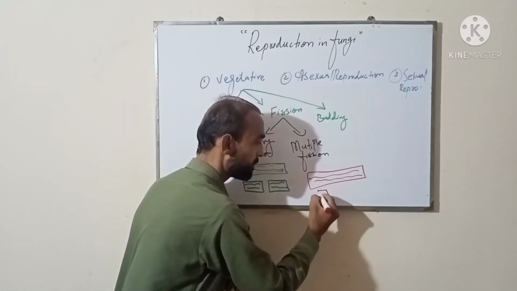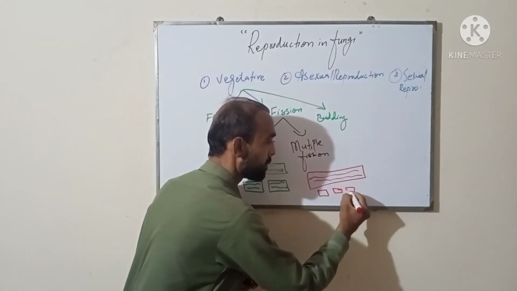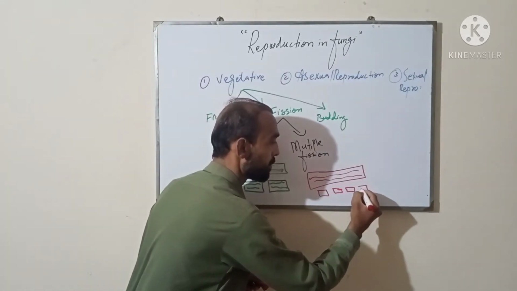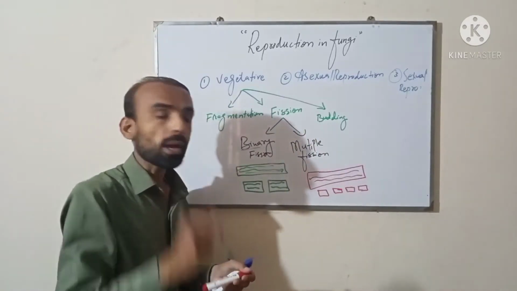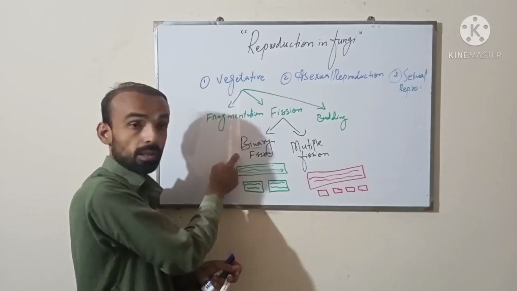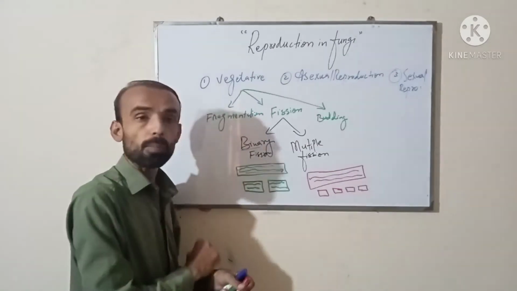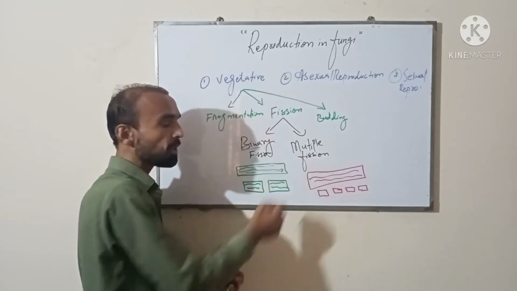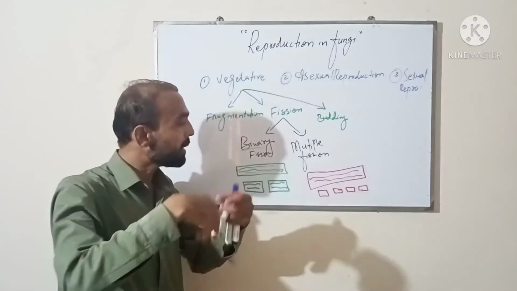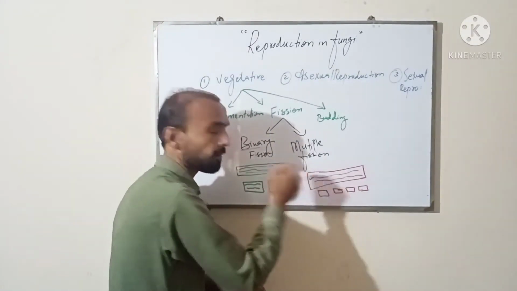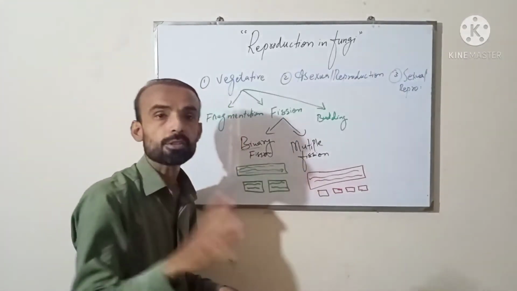Look at this. In binary fission the fungus divides into two equal parts, but in multiple fission the fungus produces many small parts, and those parts will be equal in size.